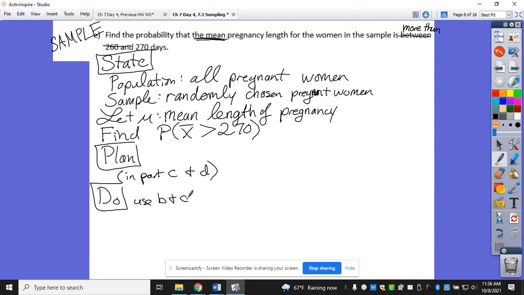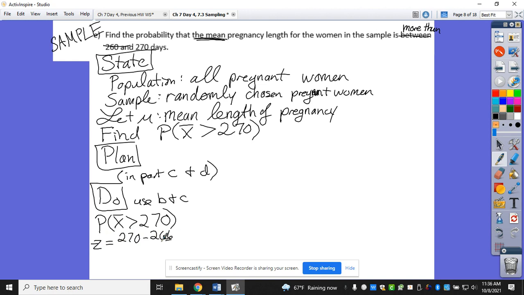The mean and the standard deviation. So I can go straight to what? Now I still have to do part of do. Oh, yeah. I'm using part of that, but then I'm starting where within do. Sorry, that was F. That X bar is, and I can go straight from there and finish. So I do what with that? Convert it to a Z. So now it's going to be 270 minus what?